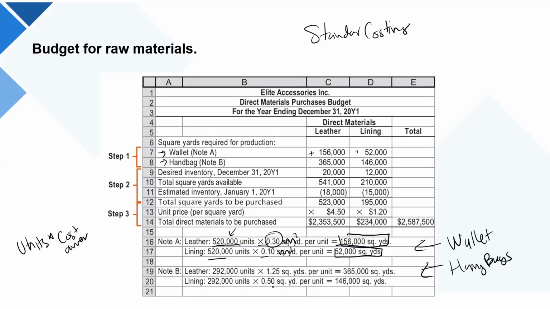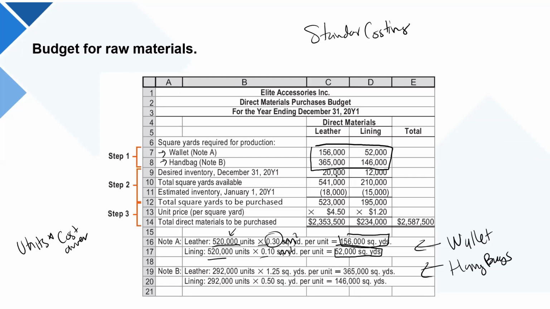Once you have that, then you have the total production related with the sales, all right? Which would be these two. That's the production budget that you have. And I say it's related with the sales because remember, the production budget starts with the sales budget.